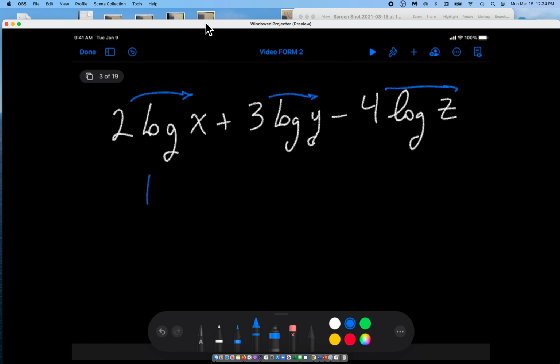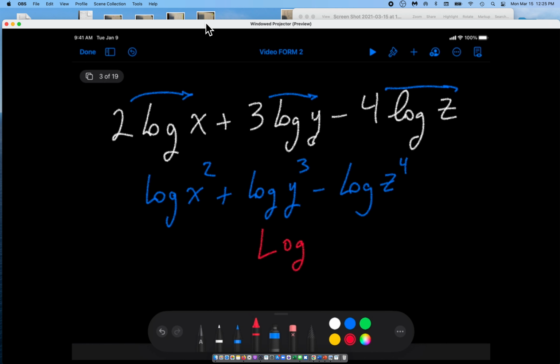That's going to give us log of x squared plus log y cubed minus log z to the fourth. We are going to condense these to one logarithm, so we're only going to write the word log once. We're going to have a fraction here because we have a minus sign.